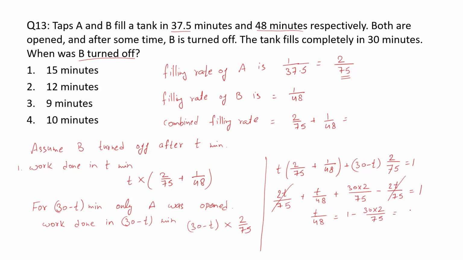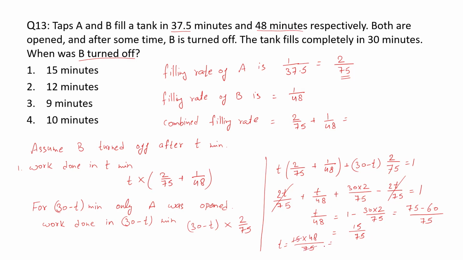So, let me solve this. Take LCM. 75 minus 60, LCM will be 75, and that is 15 upon 75. So T is equal to 15 into 48 upon 75.